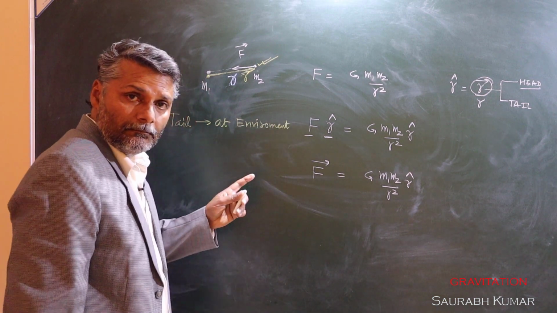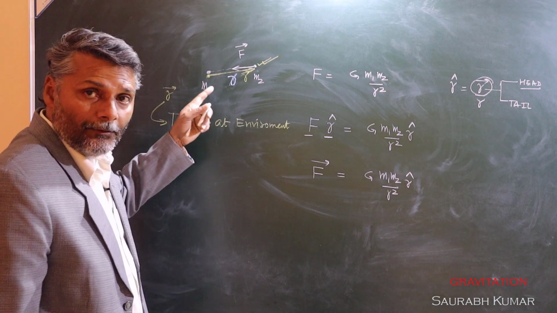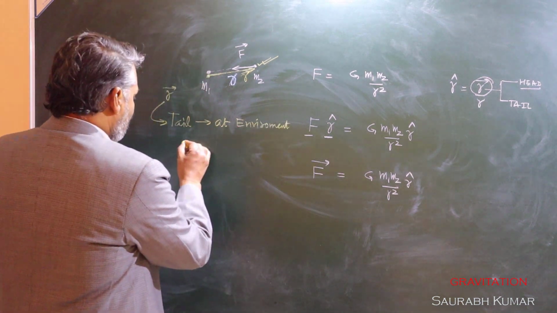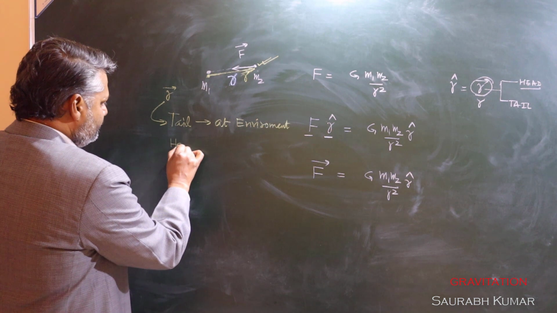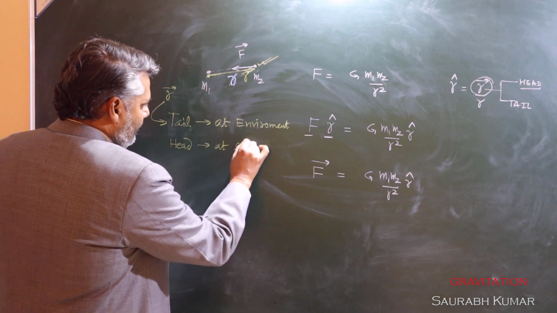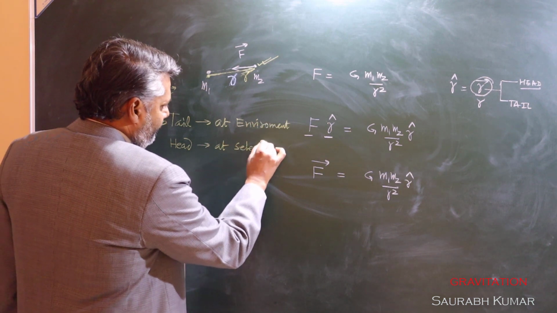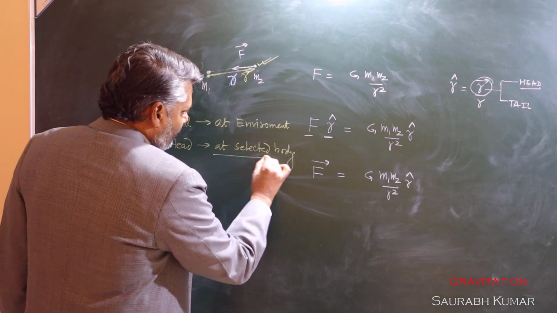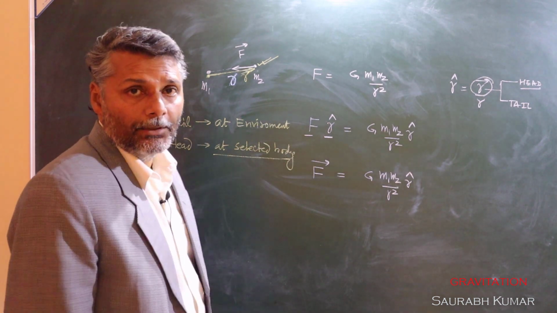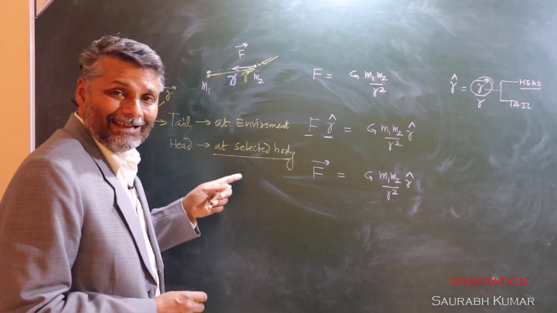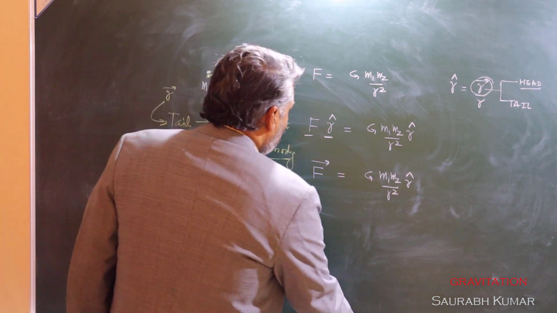In this diagram, the tail is at M1, but let us have a general term. Tail is at the environment, and where is the head? Head is at the selected body. Tail at environment, head at selected body.